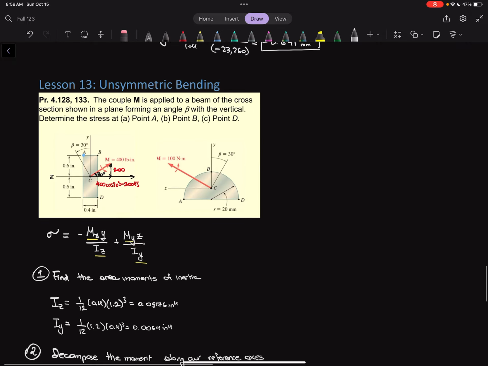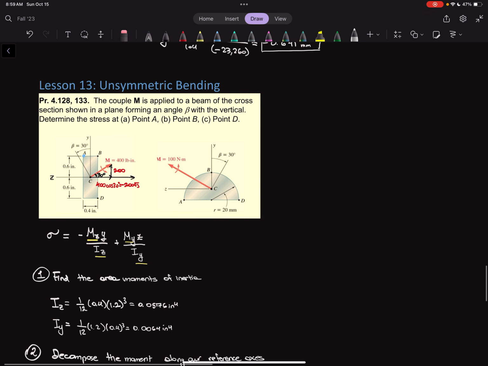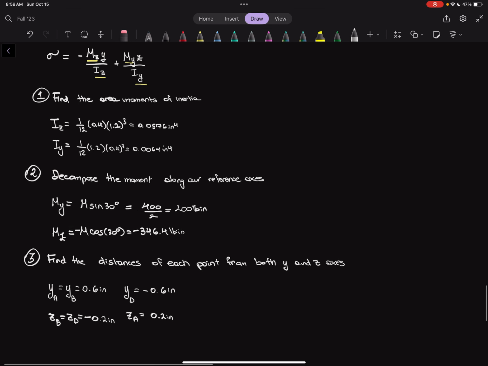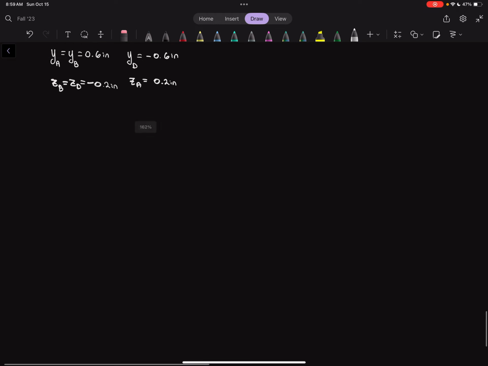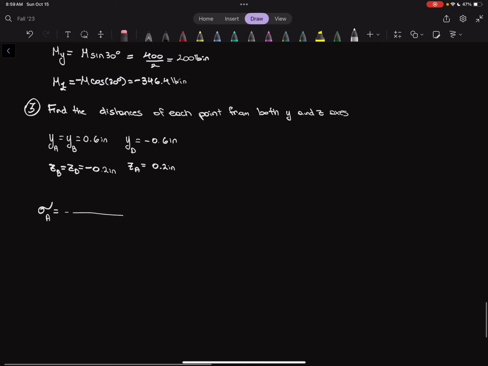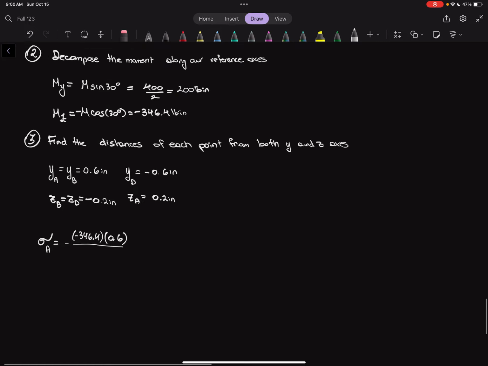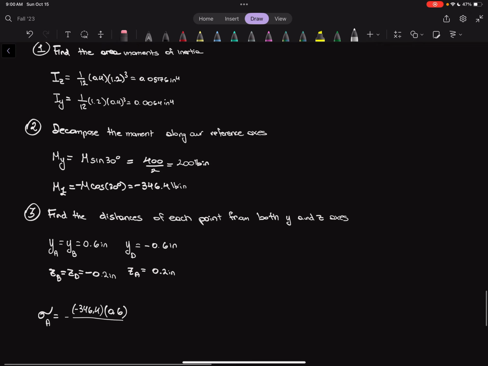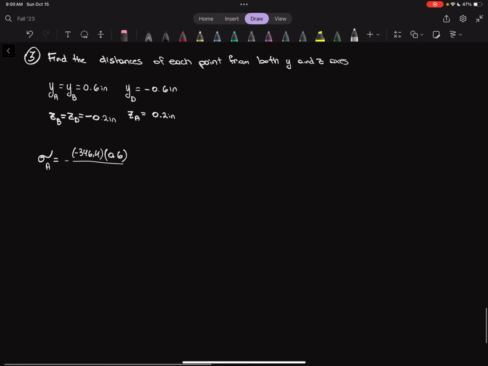And now we have everything we need, because we need to find point A, point B, and point D. So now we can say that the sigma at A is going to be equal to minus Mz, which is minus 346.4, times our y, which is 0.6, divided by our Iz, which is 0.0576.